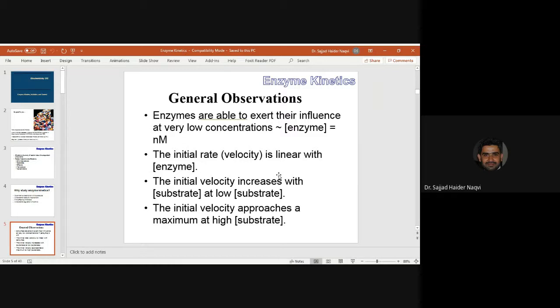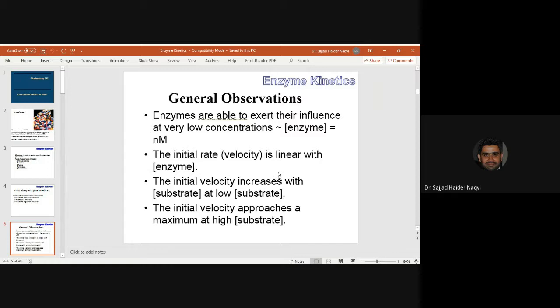But make sure that we are talking about the initial rate; after a particular time, that is not the case. So the initial rate or velocity of a biochemical reaction is directly proportional to the concentration of the enzyme. This is our second general observation.